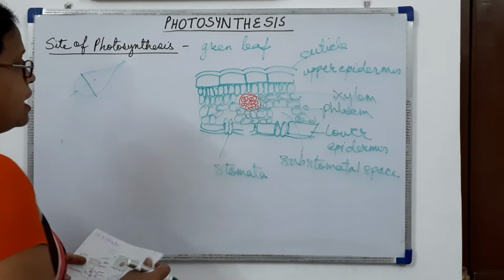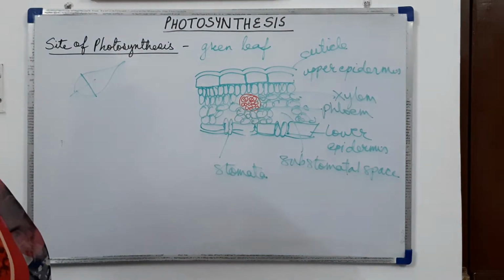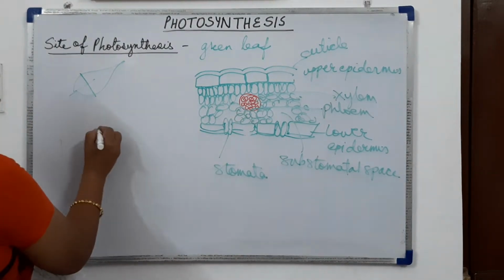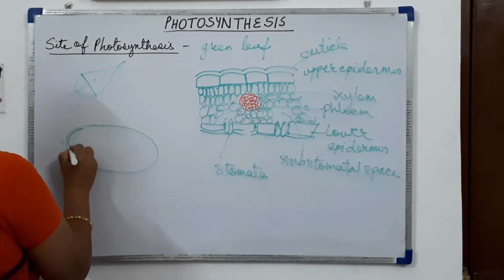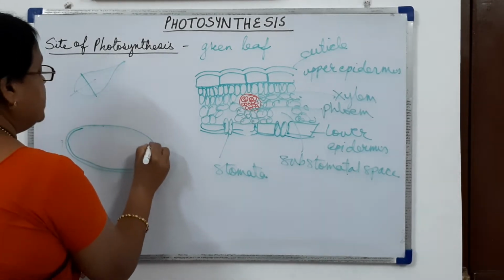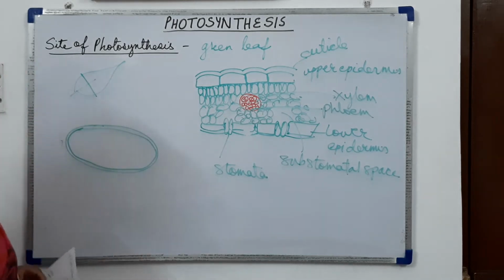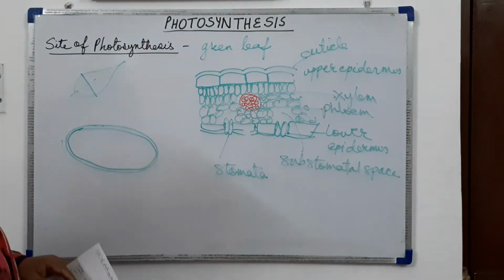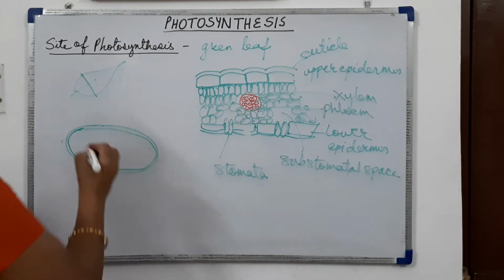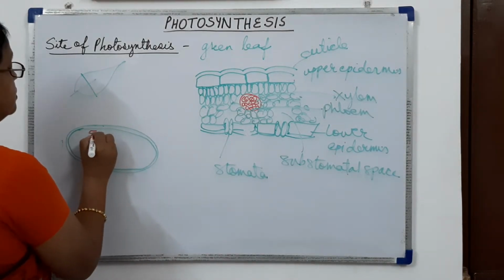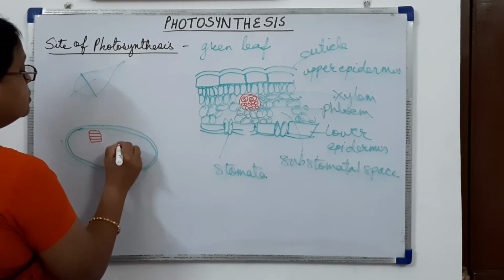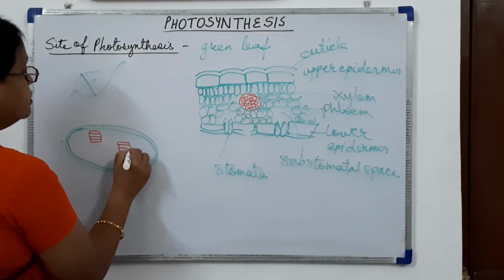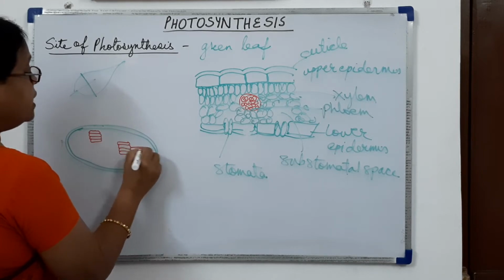Then if we see the structure of the chloroplast, we have already studied this structure. It is a double membrane structure and it contains stacks of thylakoids called granum.